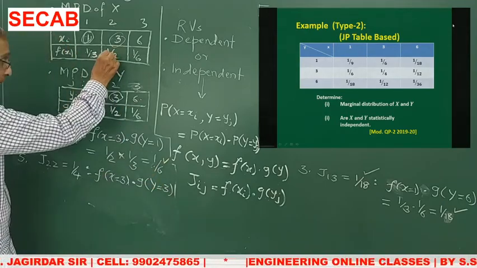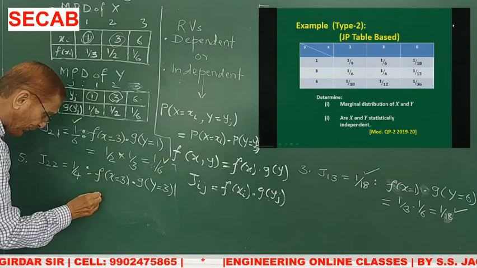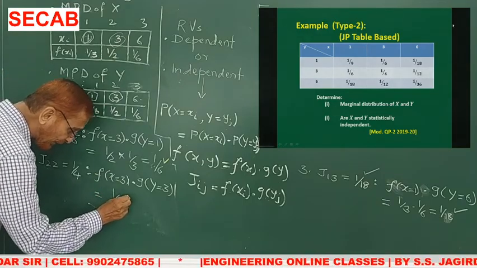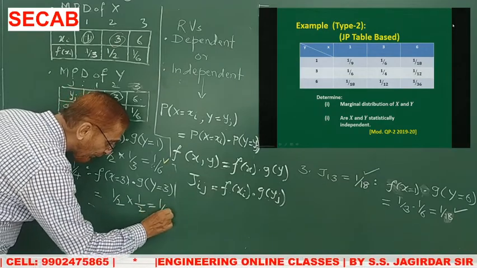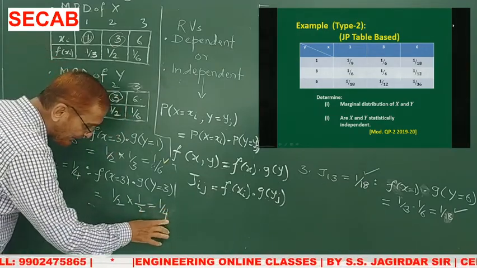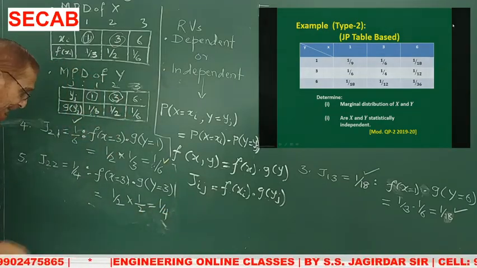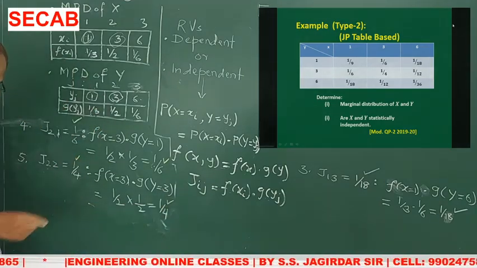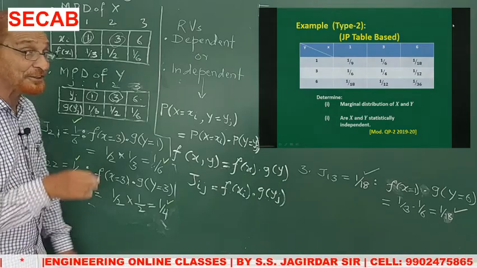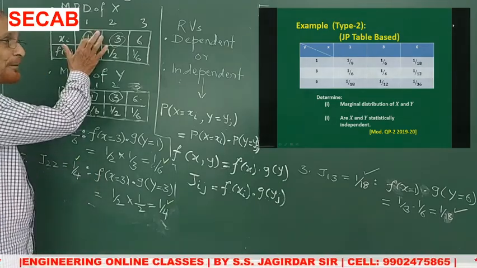So the values are 1 upon 2 and 1 upon 2. When you multiply 1 upon 2 with 1 upon 2, you get 1 upon 4. Easily you can see that this also is confirmed. See how the results are very much in favor of the definition. So this we have completed.